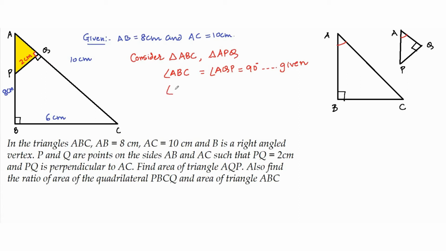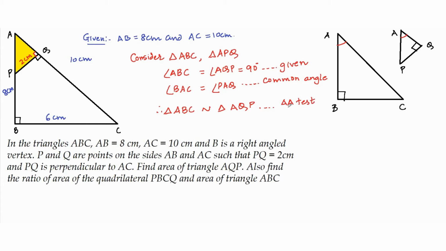Then I know that angle BAC is equal to angle PAQ, again because this is the common angle, right? This angle is the same in both the triangles, and therefore I can say triangle ABC is similar to triangle. A corresponds to A, B is 90, so Q is also 90, and I have AQP. This is because of the AA test, right?